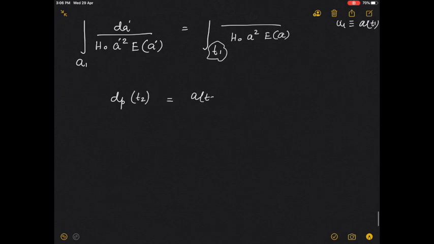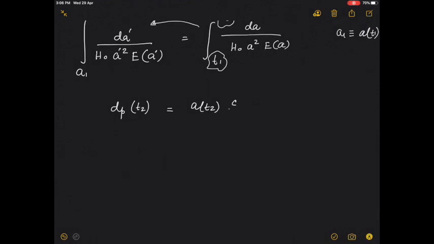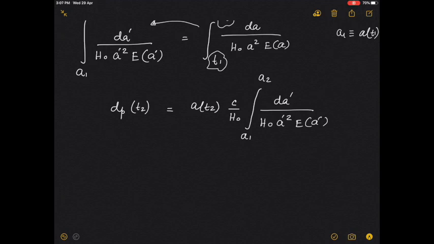So the proper distance calculated at time t2, I can put c by H naught outside, and then I get this integral. Aha, nice.